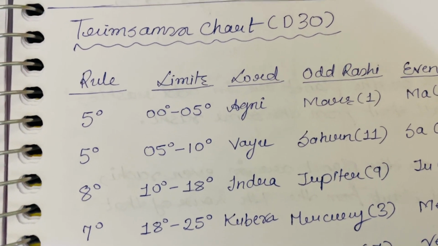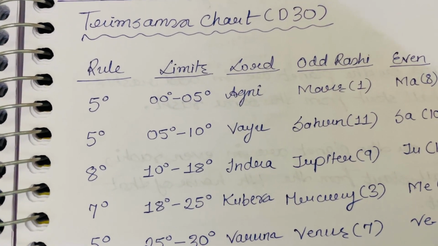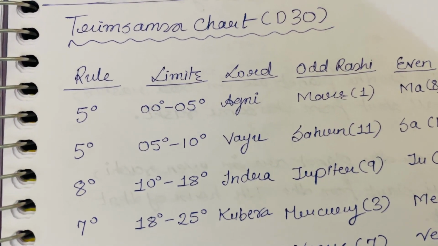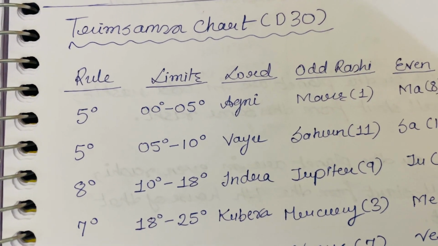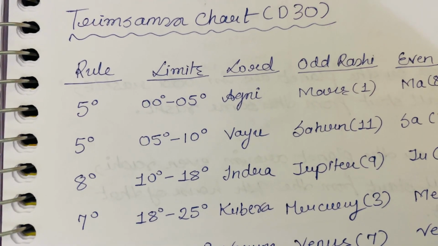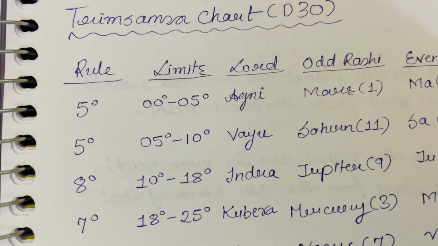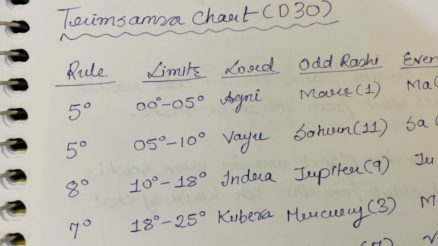It's time we understand the creation of the Trimsamsa chart. Just giving you a very preliminary overview: the Trimsamsa chart, the D30 chart, is generally seen for overall miseries.